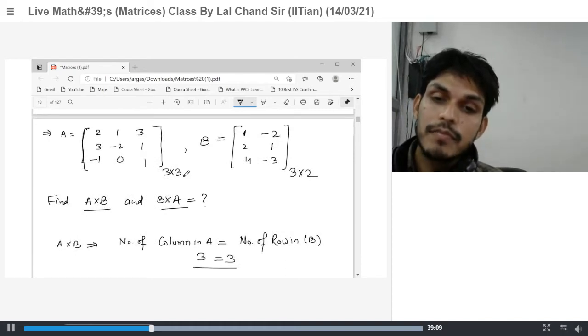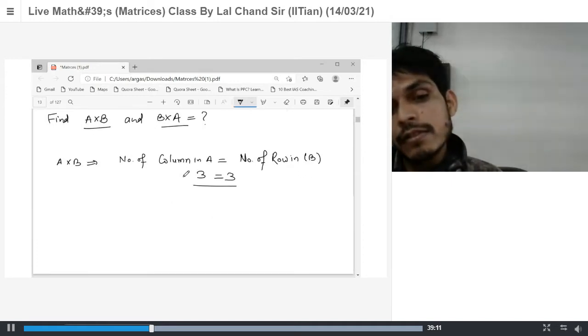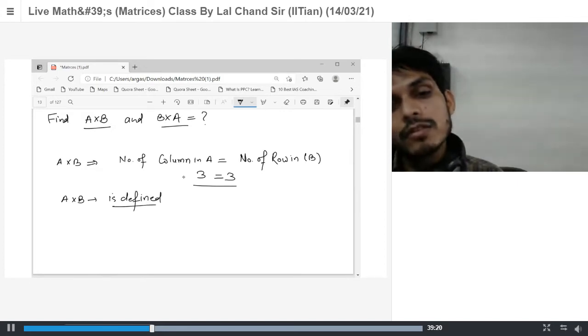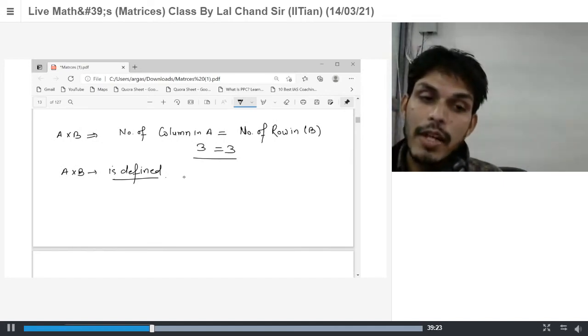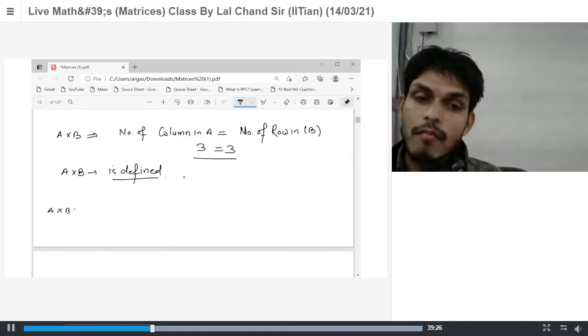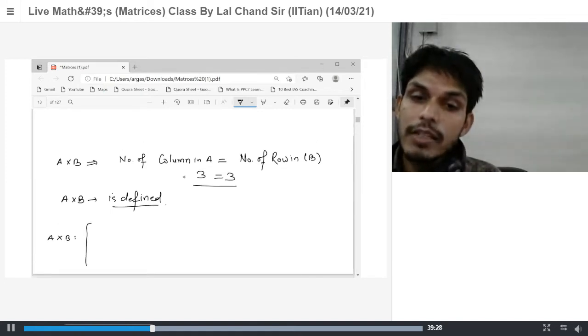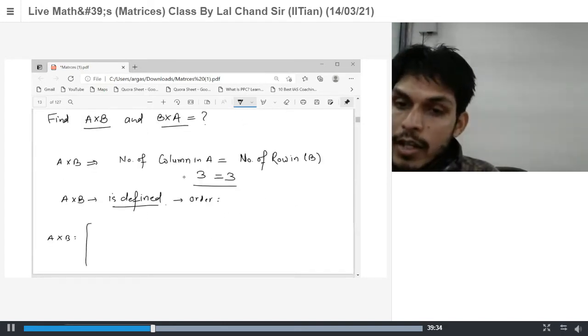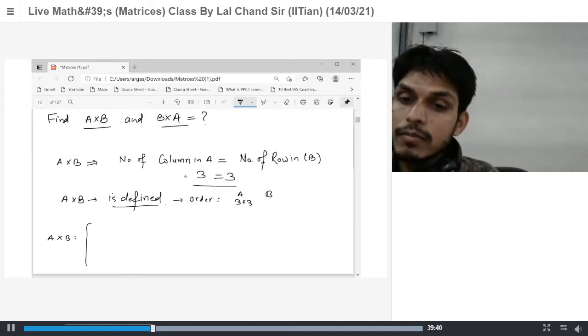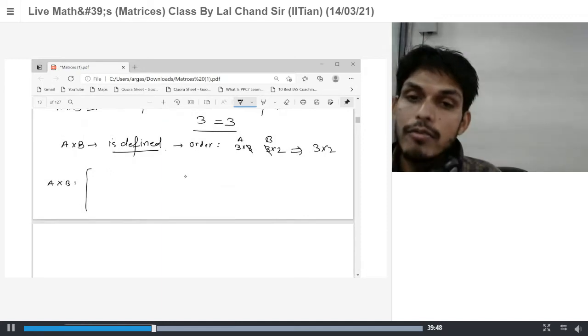So this is defined. First try to find out the order of A cross B. Simply write down the order of A, that is 3 cross 3, and the order of B, that is 3 cross 2. So cancel these equal ones, then finally we have 3 cross 2. That means 3 rows and 2 columns.